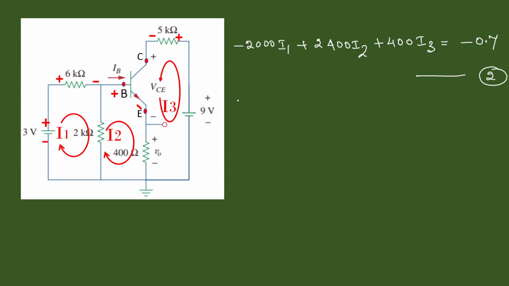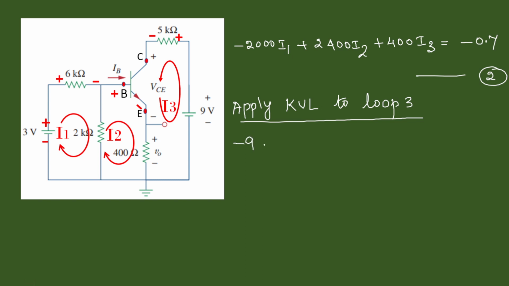Now we are going to apply this KVL to the third loop. Loop 3. It starts from here and it is traveling in this way. So it enters here and then goes along this path.